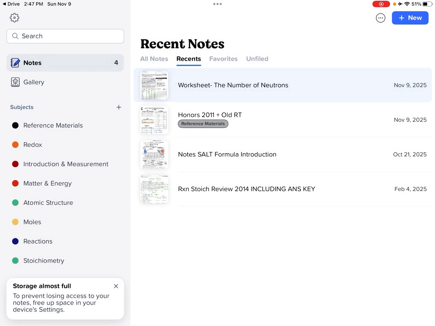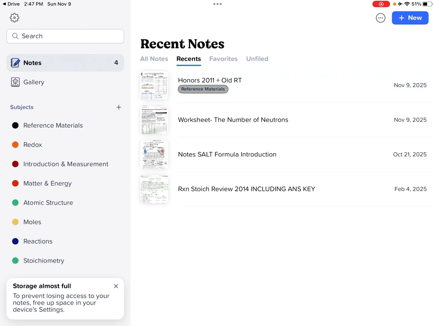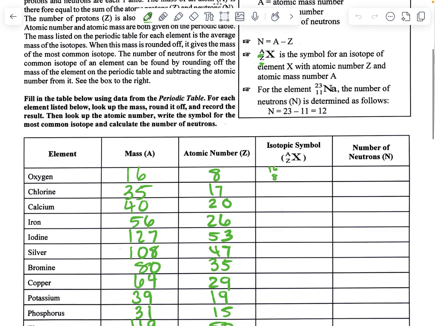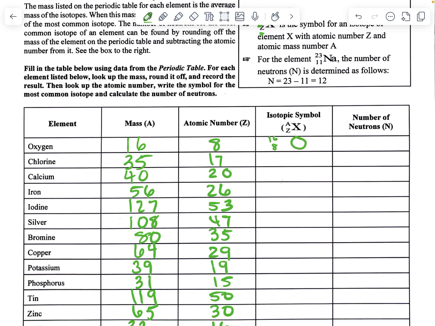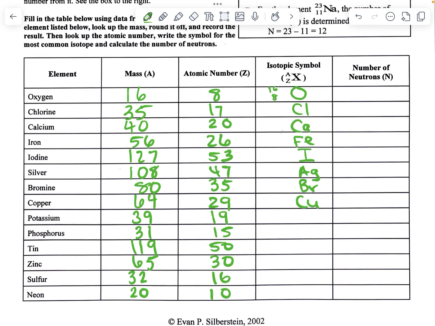So again, coming back here to the periodic table, that would be the O for oxygen, that would be the Cl for chlorine, etc. So maybe that's something we should do first, and then we'll put our numbers in. So O for oxygen, Cl, Ca, Fe, I, Ag. And again, you would just look these up on the periodic table.